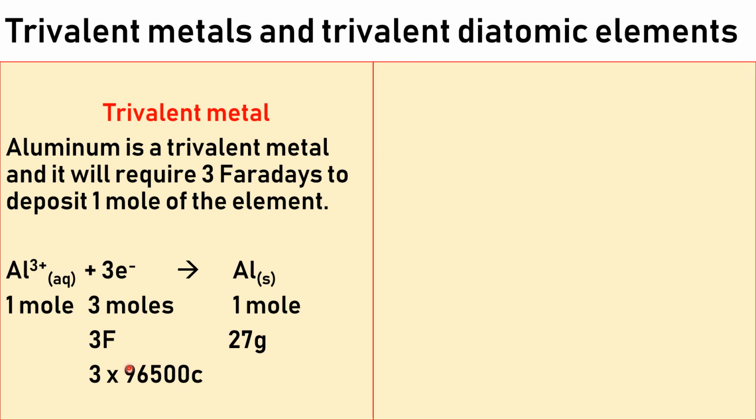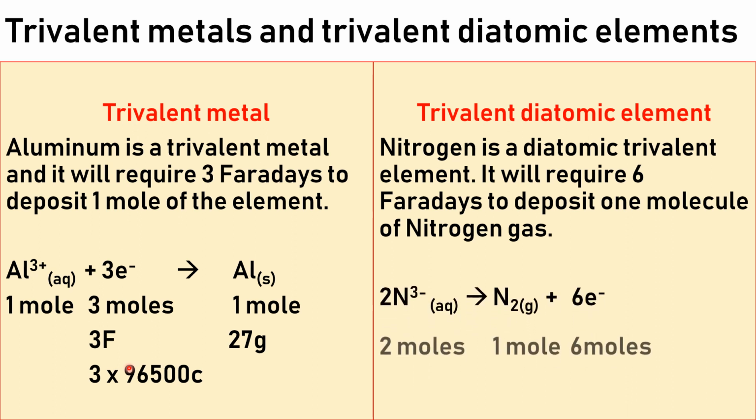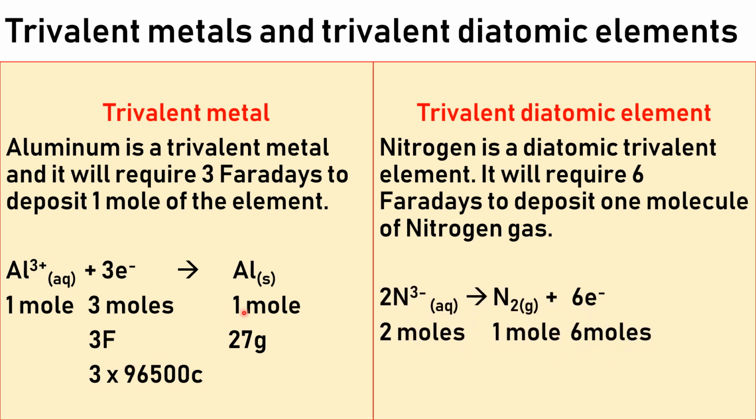But for trivalent diatomic elements, these are elements that are trivalent but are diatomic in nature. So we have nitrogen. Here, this is nitrogen ion. With 2 moles of this nitrogen ion, we produce 1 mole of nitrogen gas by losing 6 moles of electron.